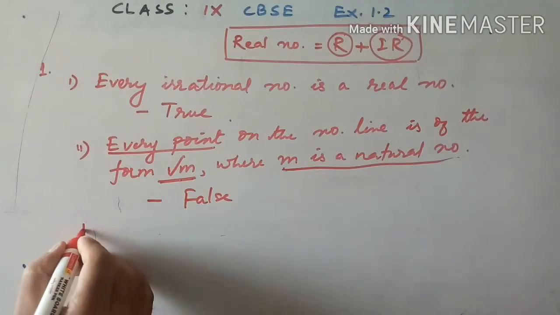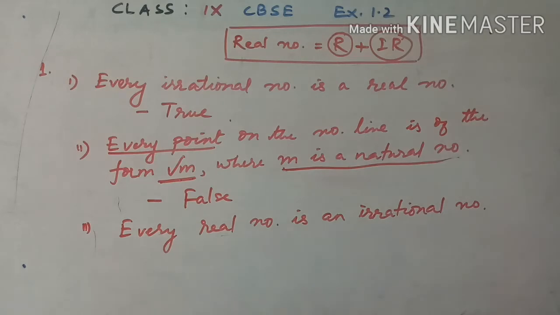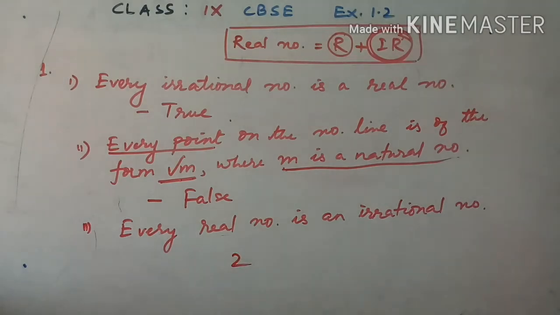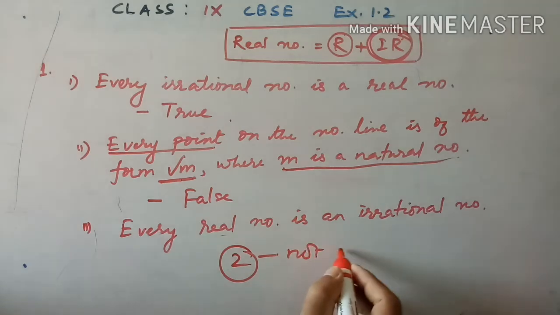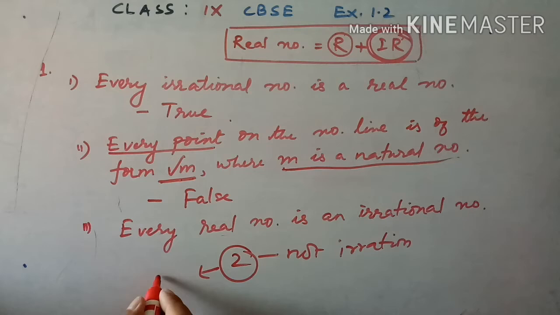Third one. Every real number is an irrational number. Example, 2 is a real number. 2 is a real number, but it is not irrational. This is called a rational number. Am I right?